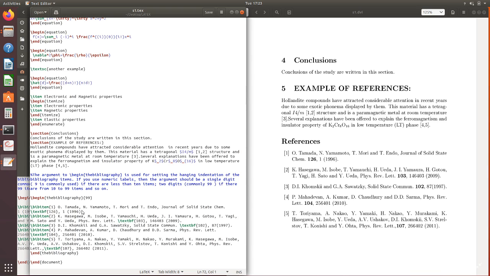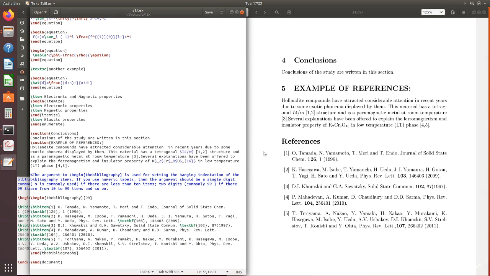So I have written 99. It is not a mistake because 5 belongs to 99, so this will produce the output and no mistake will be shown. And if the number of items in this bibliography exceeds 100, then you have to use 999.